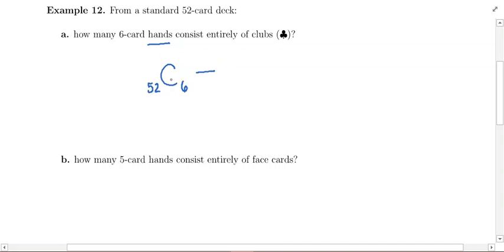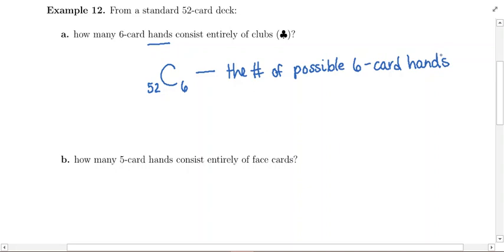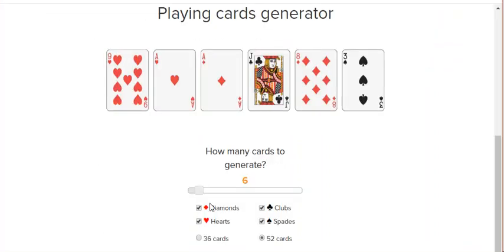So when you do this combination, this is the number of all the possible 6-card hands. So if I go back to my generator, this hand would be counted in that combination.